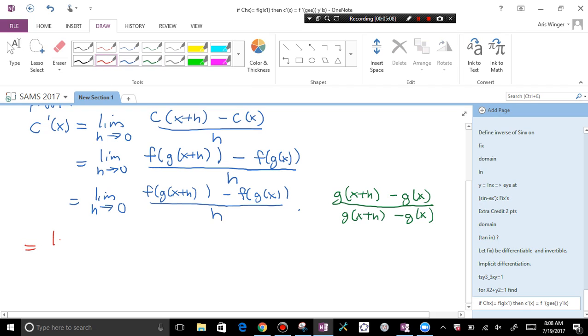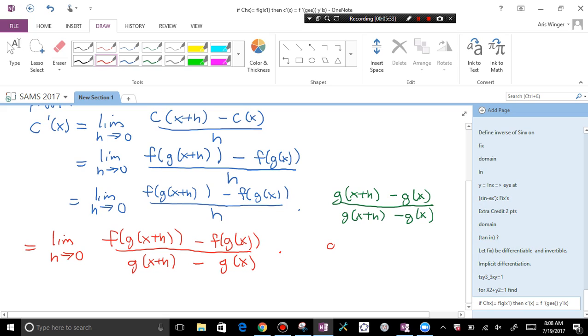This is equal to the limit as h tends to 0 of f of g of x plus h minus f of g of x, and then what I'm going to do now is switch the h and this. I'm going to switch denominators. This is g of x plus h minus g of x.